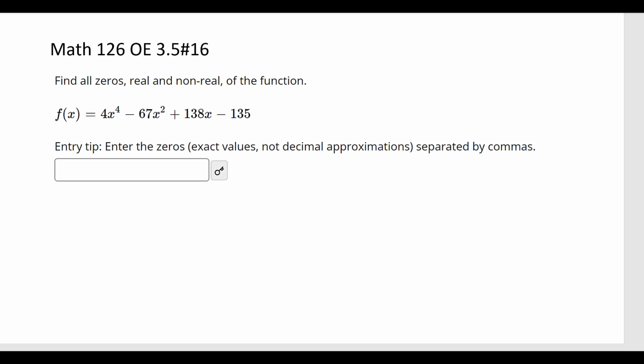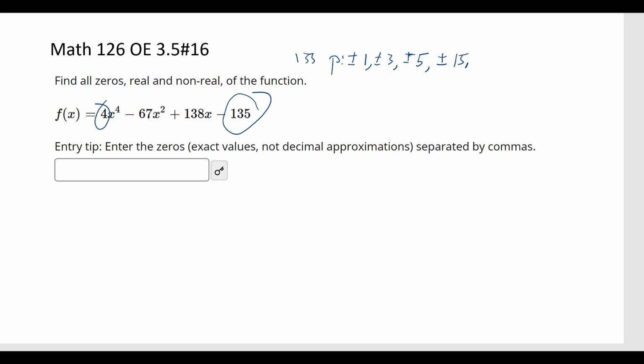So let's start off with looking at our constant and our leading coefficient and our factors of p, which are the constant, the 135, going to be plus or minus 1, plus or minus 3, plus or minus 5, plus or minus 15, and let me see, I was working on a list here.